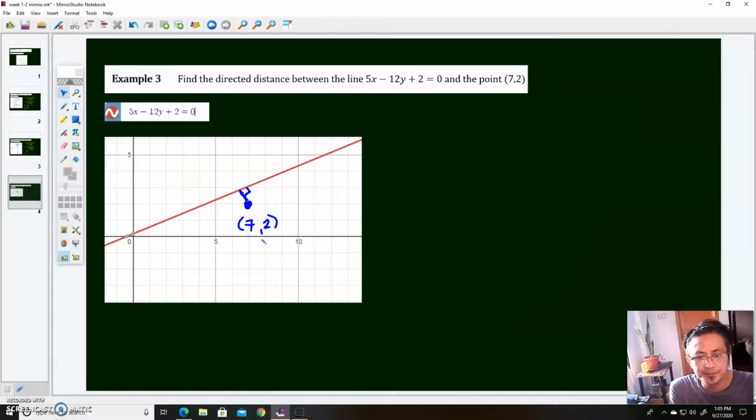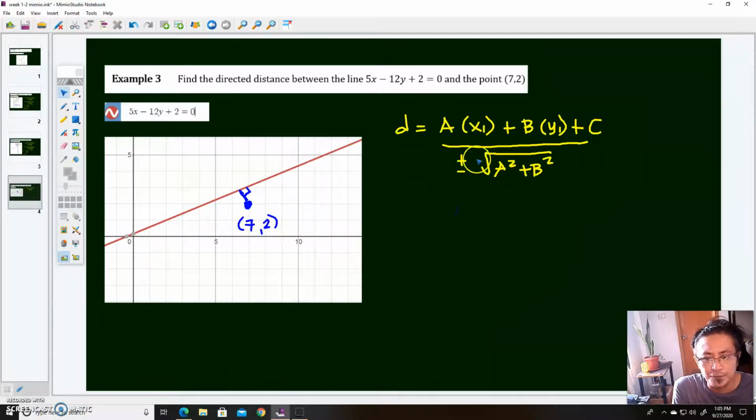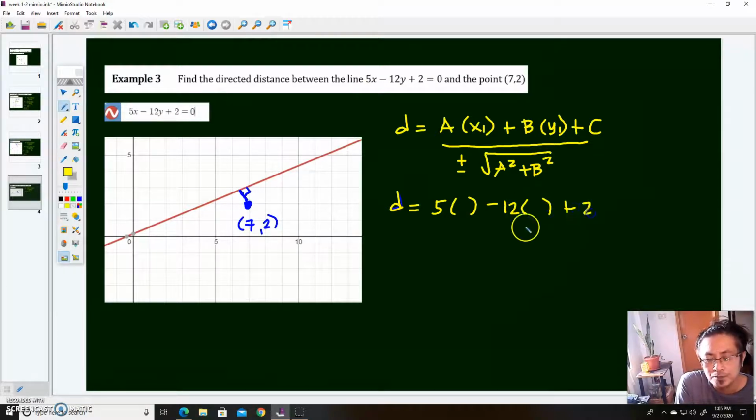Again, let's use the formula. Simply using the formula. It's very important that this should be in general form, which it already is: 5 blank minus 12 blank plus 2, over, again, the sign of b is negative.